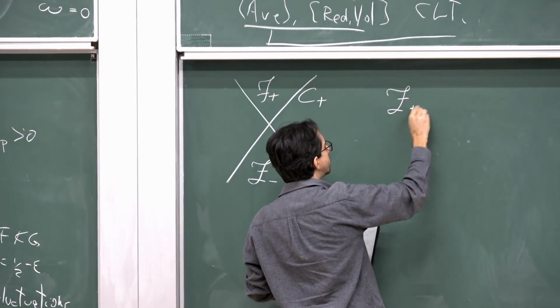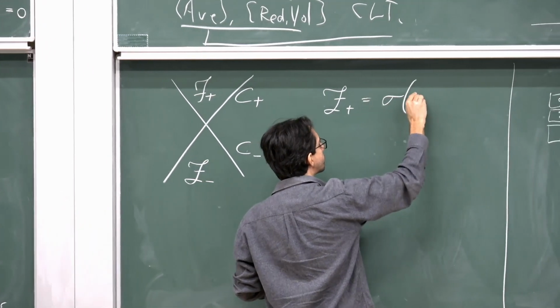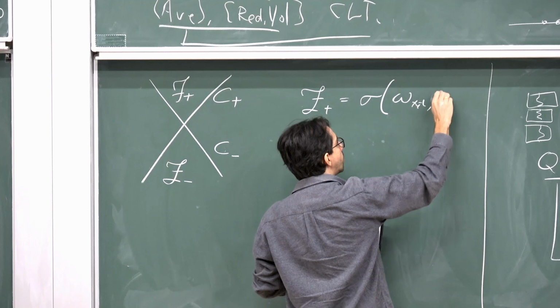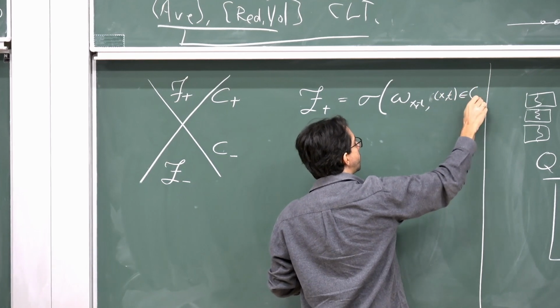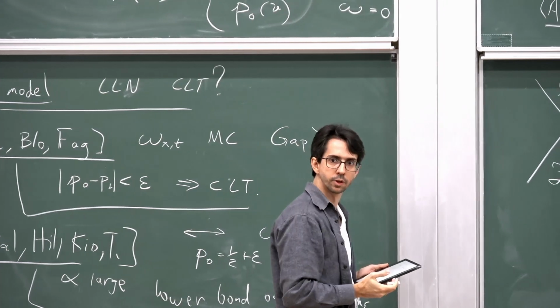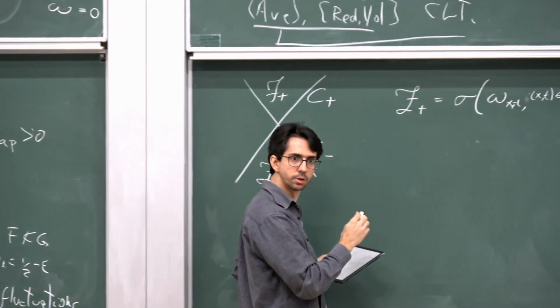F plus is what you expect, the sigma algebra of the environment where xt belongs to the future cone, but F minus is more subtle.